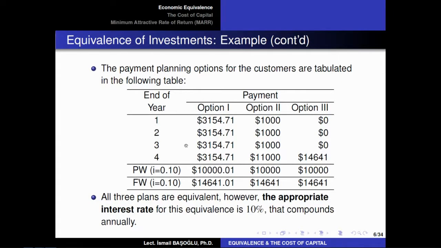So all of these three options are 4-year options. The customers may pay their debt in a 4-year payment plan. In the first payment plan, they may make equal payments at the end of each year of $3,154.71.